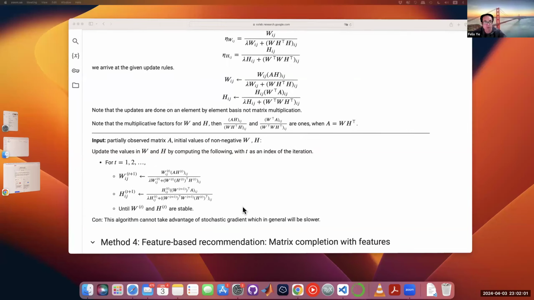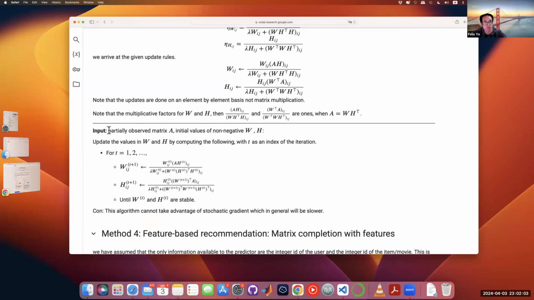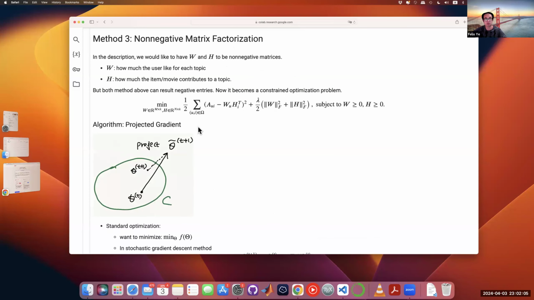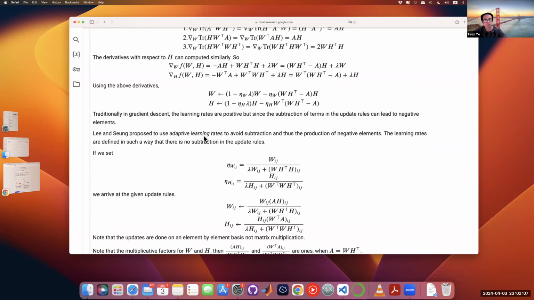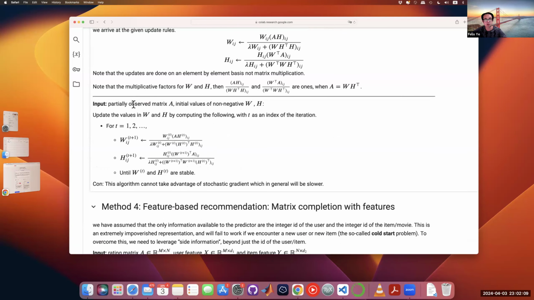The final algorithm right here. Basically, if you are given this partially observed A right here, and you have some initial value of W and H, it has to be non-negative. What you do is iterate through this update rule that I just wrote here.